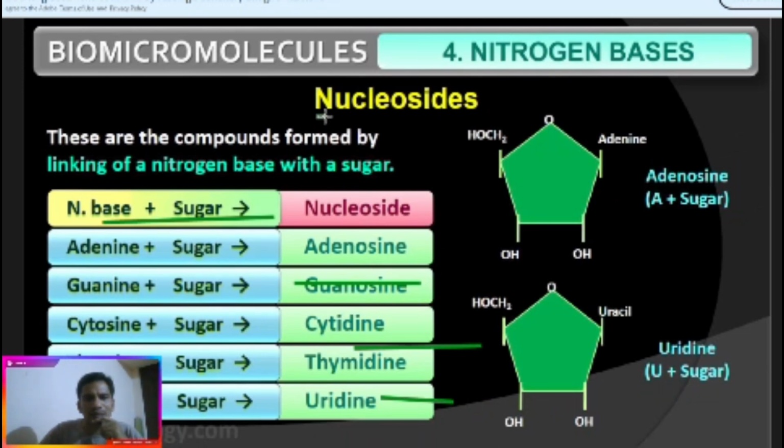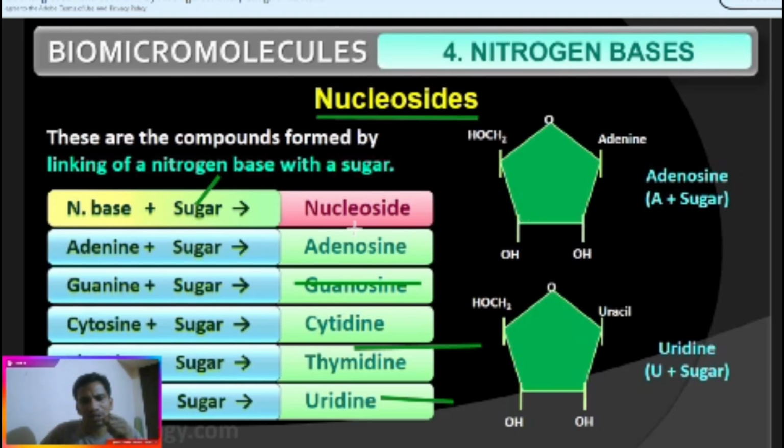Next, nucleosides. What are nucleosides? You know nucleoside and nucleotide. These are compounds formed by the linking of nitrogen bases with the sugar. This is the sugar, you know that, right? And it links with the nitrogen base.